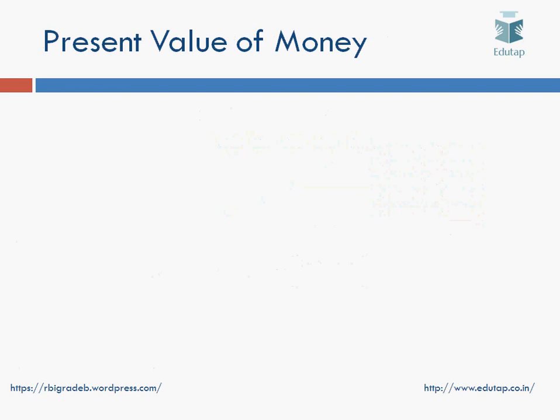Now, what is present value of money? Well, as a concept it's a different thing, but when you have understood the future value of money, it's very easy to understand the present value of money. It's just that you would be given some future value and you would have to calculate the present value before 5 years.